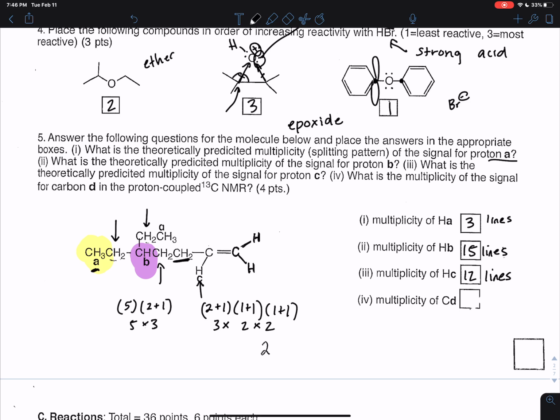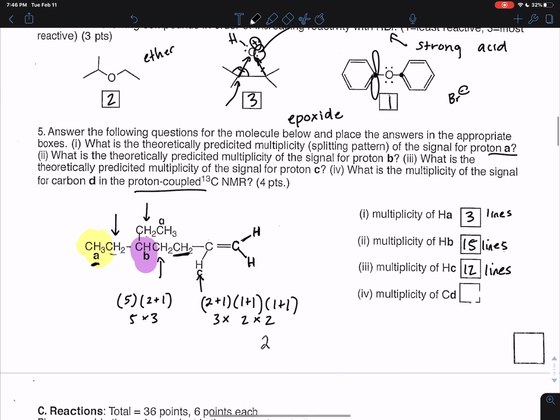So then, what is the multiplicity of the signal for carbon D in the proton-coupled C13 NMR, okay? So what is proton-coupled C13 NMR? Right, so now we're focusing on the carbon nuclei, and whenever it's under the conditions of proton-coupled, it means that the protons that are on that particular carbon of question are going to split the signal of the carbon, okay?